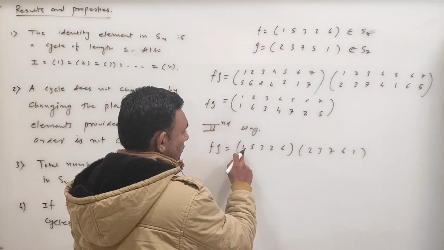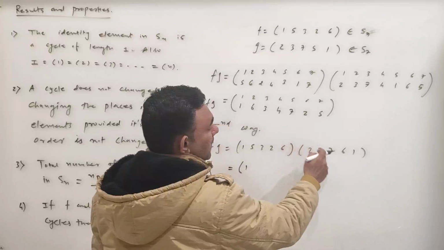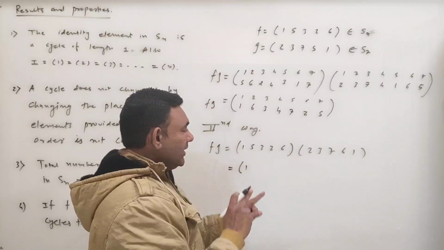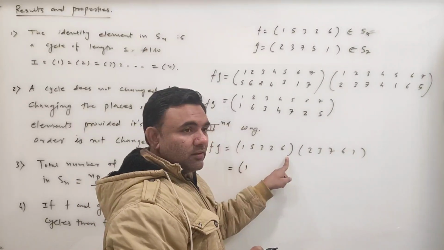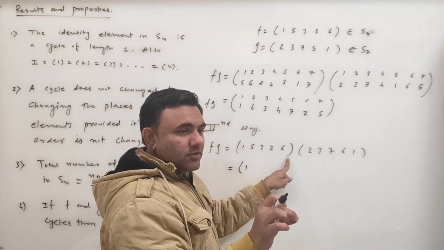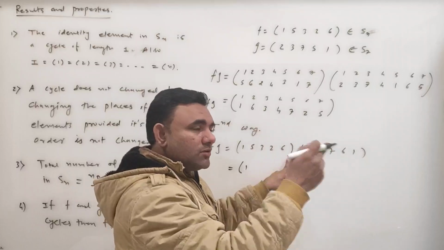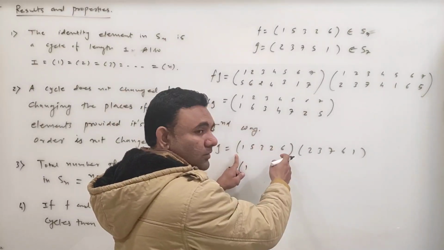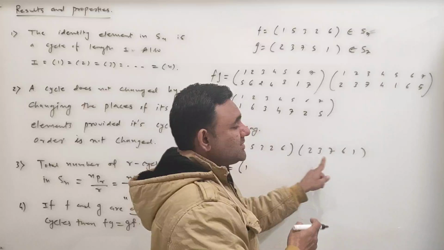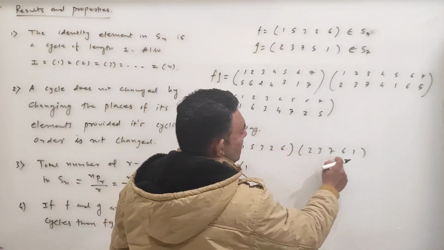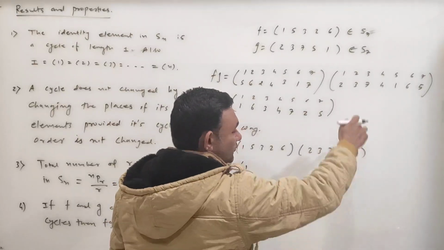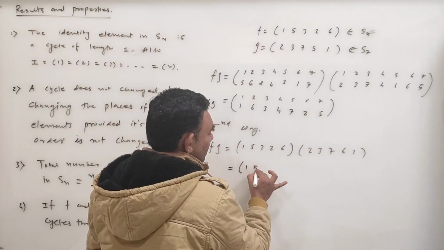So from here 1 goes to 5 and here 5 goes to... So you find out the image of 1 in the first cycle, then whatever image you get, you find out the image of it in the second cycle. So here the image of 1 is 5, and now you look at what is the image of 5 here. 5 is absent, so 5 goes to 5, so I will write here 5.